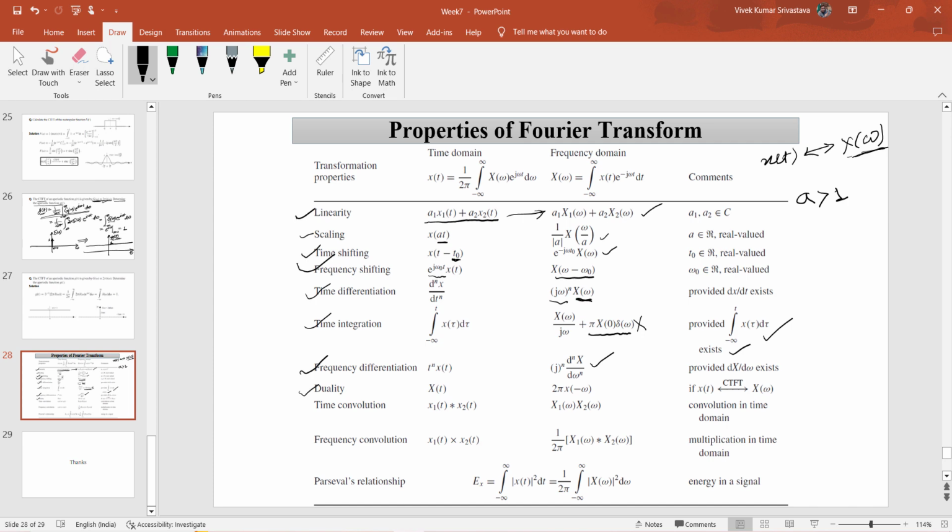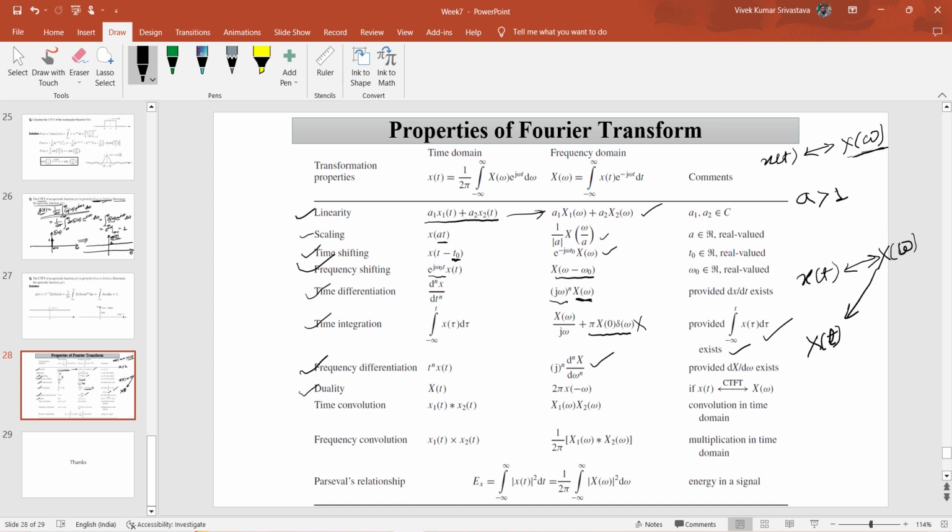In case of duality, corresponding to x of t, you know what the value of X of omega will be.